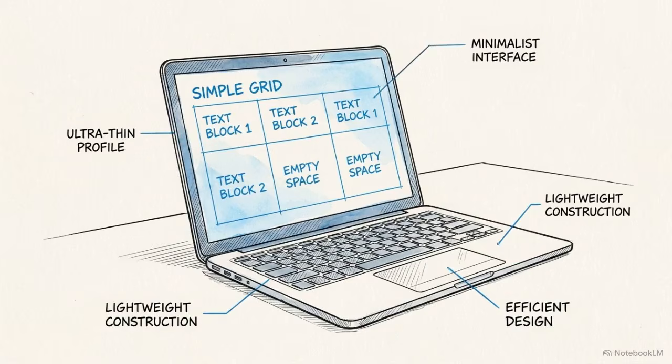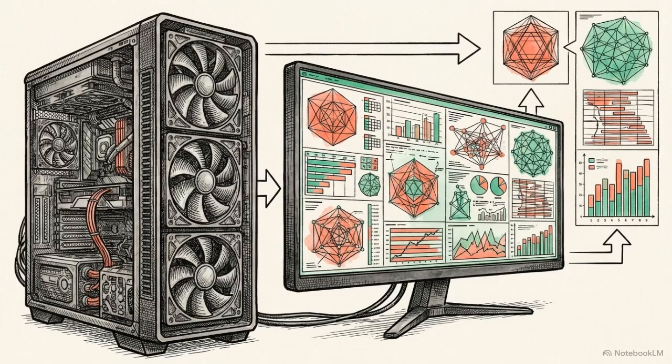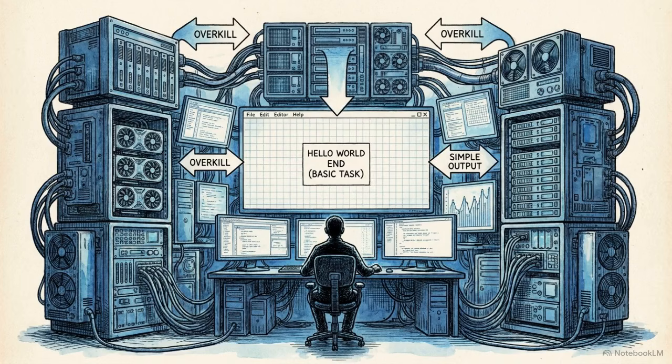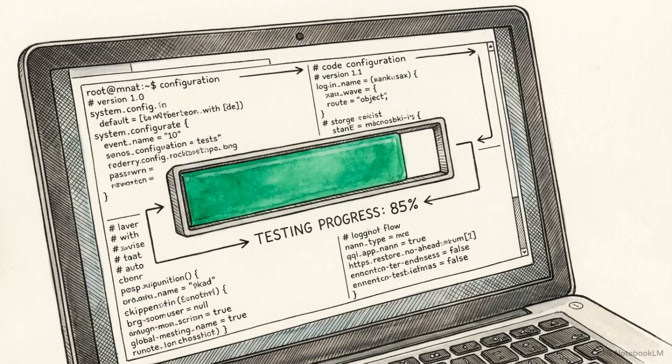The most effective approach is to start with the smallest model that might work. You can always scale up if the model fails to meet your needs. Avoid the mistake of building an expensive, heavy workstation for simple tasks that a small model can handle instantly. Before buying any new hardware, test your current machine using highly quantized versions of larger models to see how they perform.